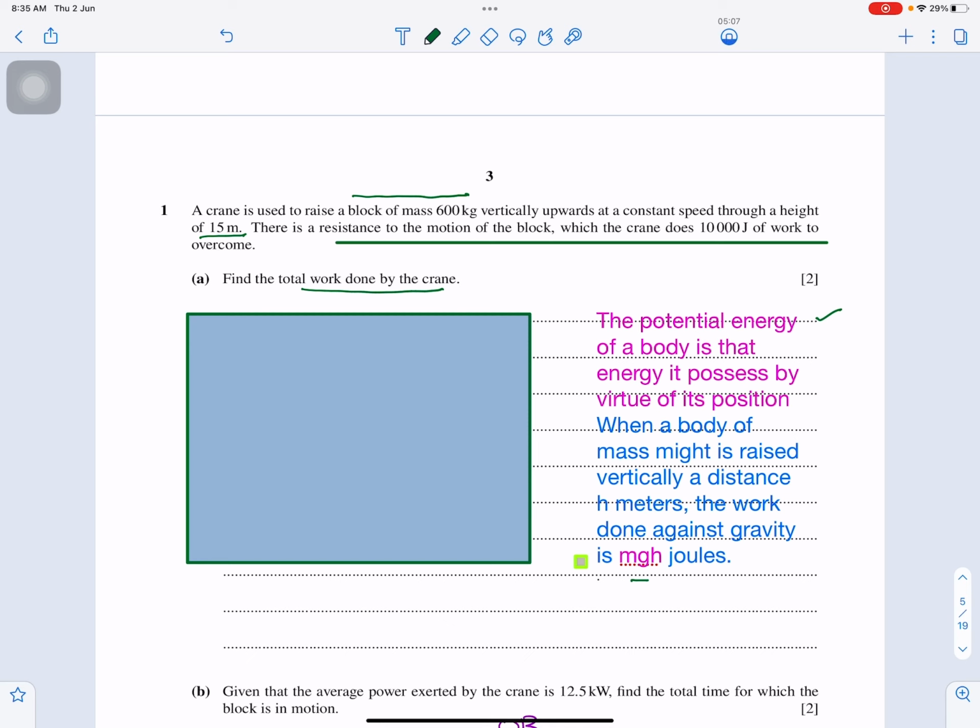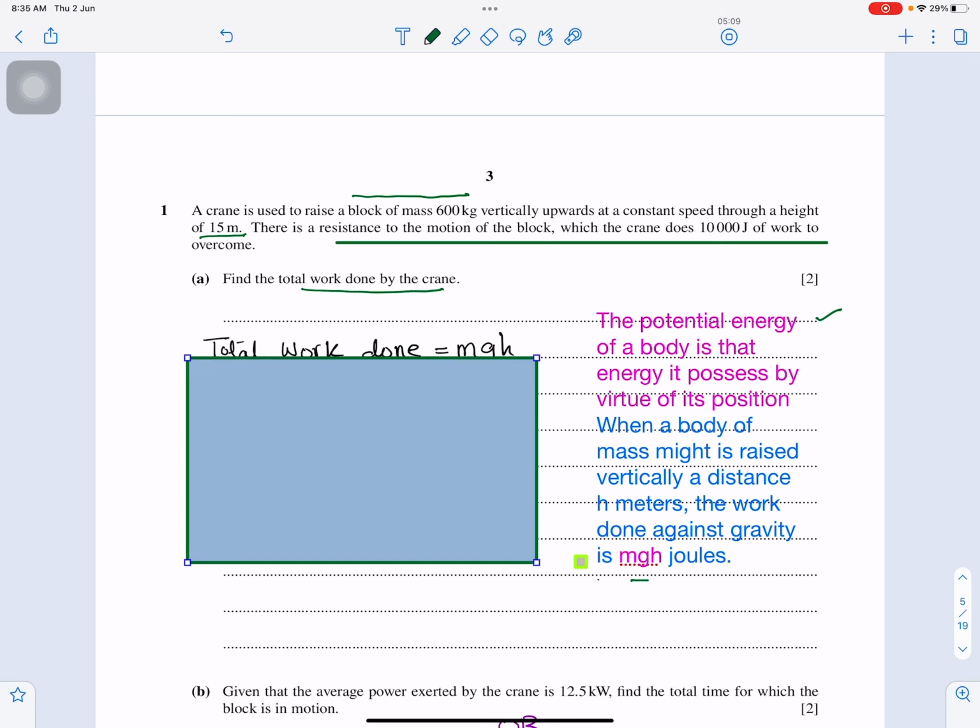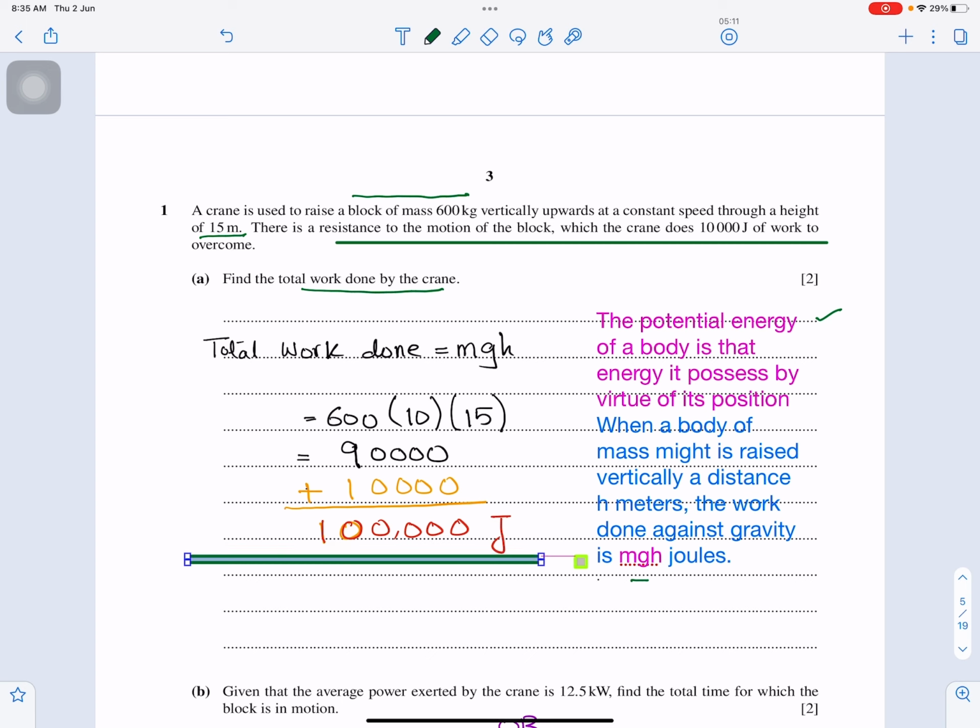So to calculate the work done, we simply do work done is equal to mgh. We are substituting the value of mass, which is 600 kg, g is 10, that is the standard we take in mechanics, and h is 15 meter. So when you multiply, you get the answer 90,000.